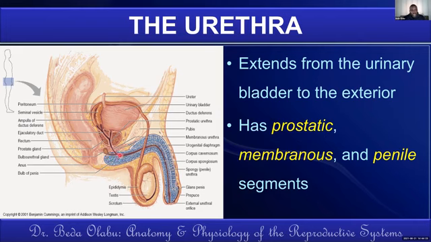And I've told you that the penile urethra is the longest part, having those 2 parts. Within the glans penis, there's a small swelling, a dilatation of the penile urethra, which we call the navicular fossa.